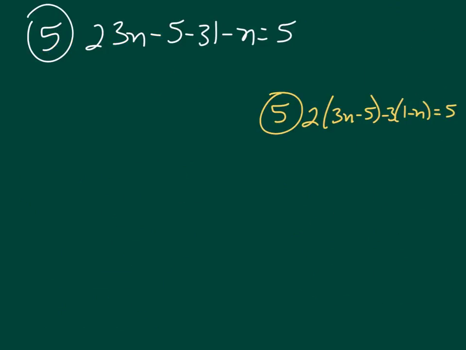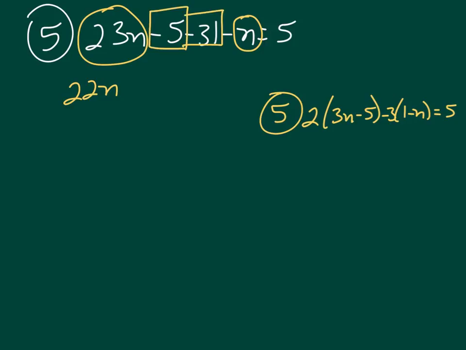Okay, and number 5 on both worksheets, I'm going to go ahead and solve both of them. Now remember, you have to look for like terms. Well, 23n and negative n are like terms. So 23n minus n is a positive 22n. And then negative 5 and negative 31 are also like terms, so that's minus 36 equals 5.